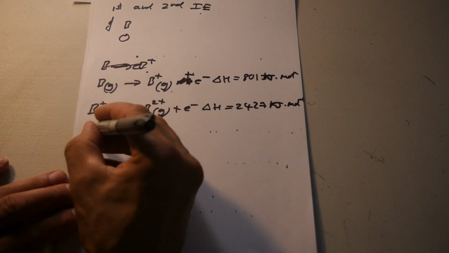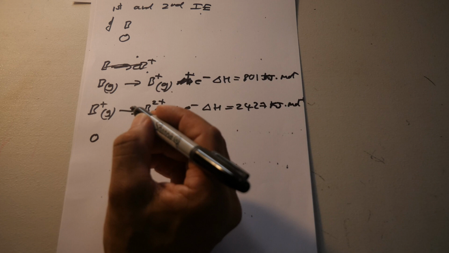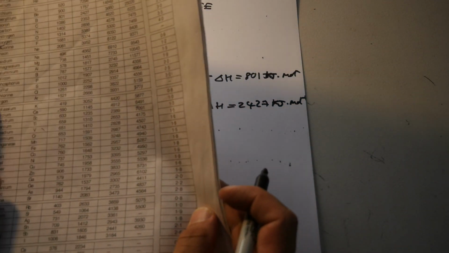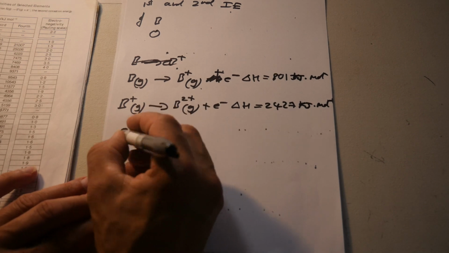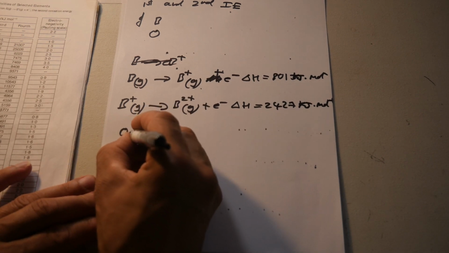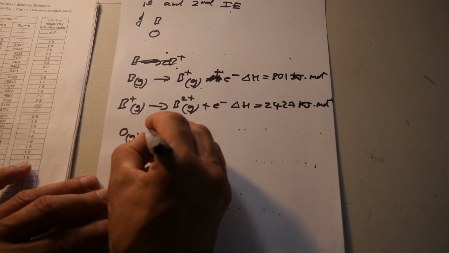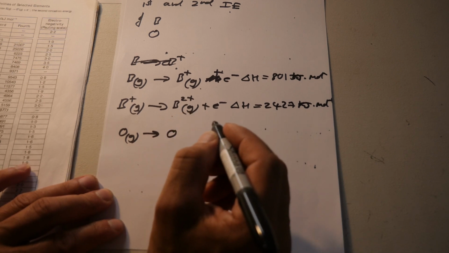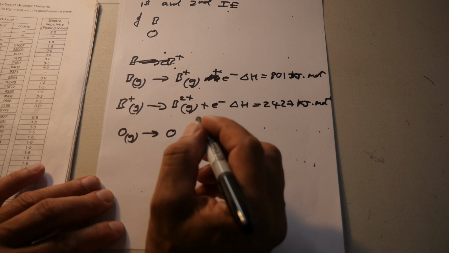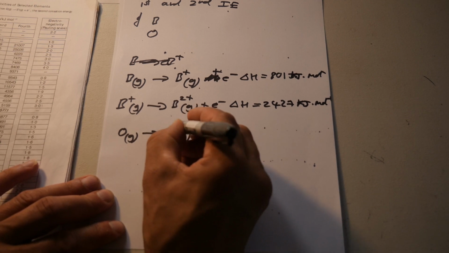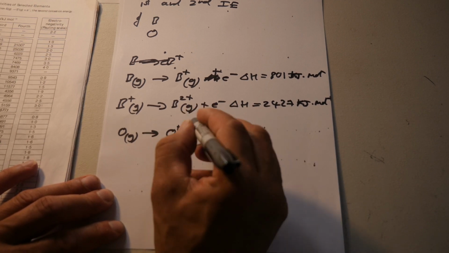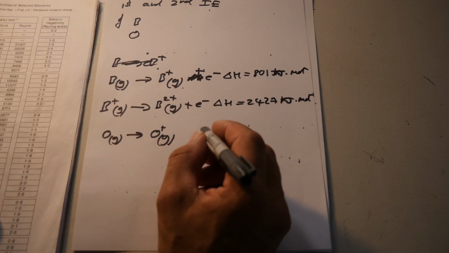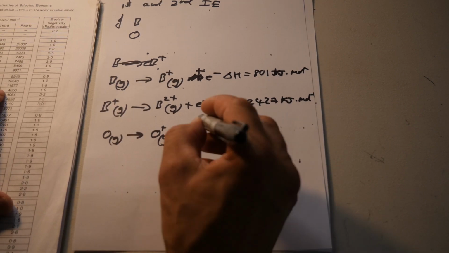And then oxygen. Normally oxygen doesn't actually lose electrons, but you can write it like this. They do have values.